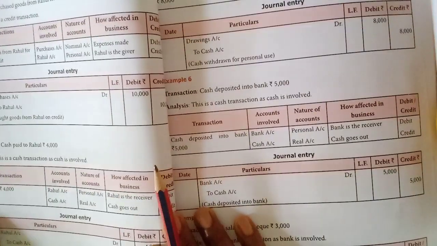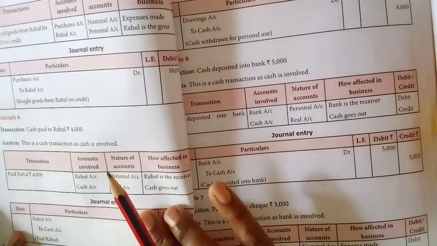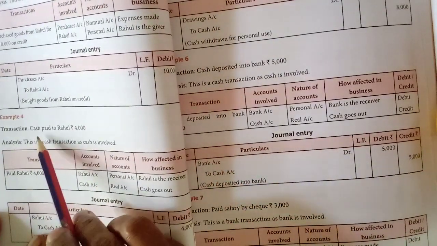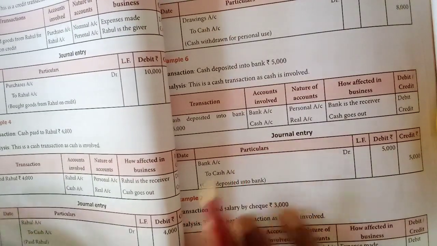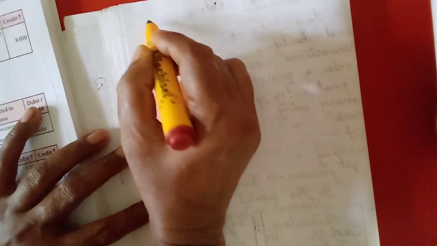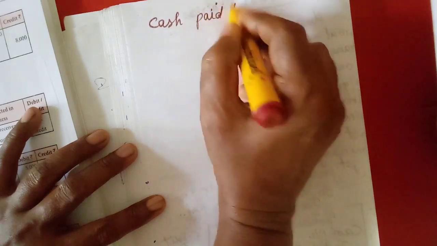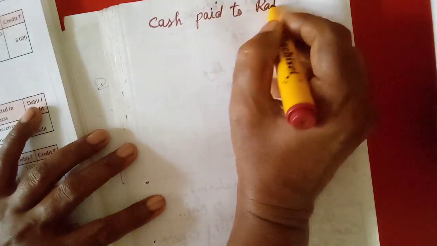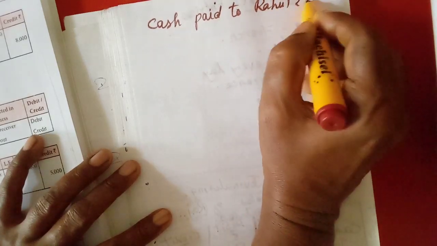Okay, many transactions they have given. If you see everything, we can do the problem. Okay, cash paid to Rahul, I will explain this one. Cash paid to Rahul rupees 4,000.